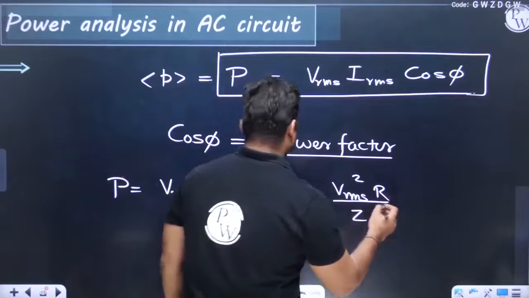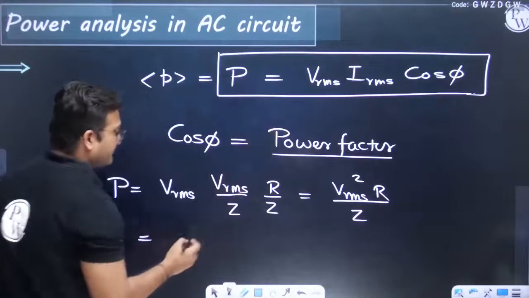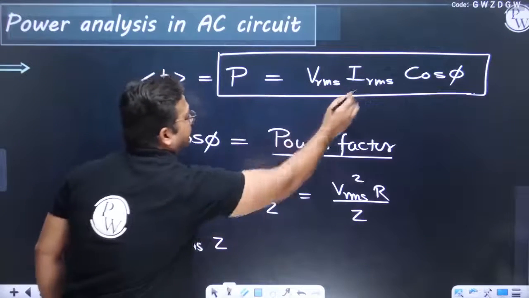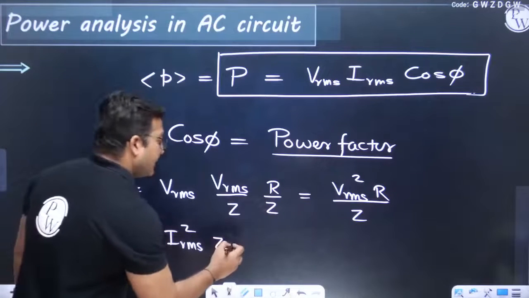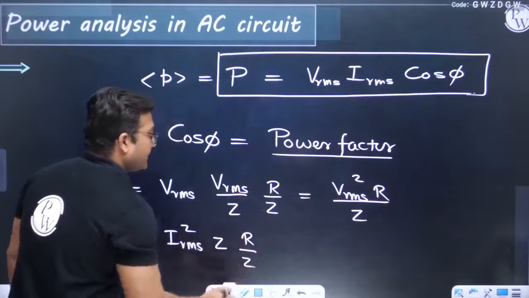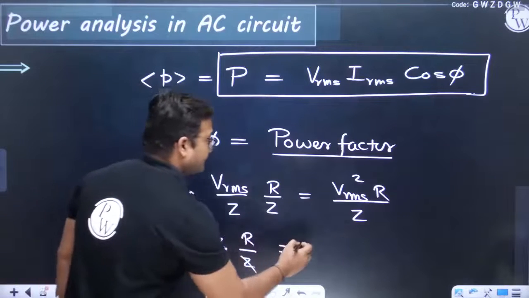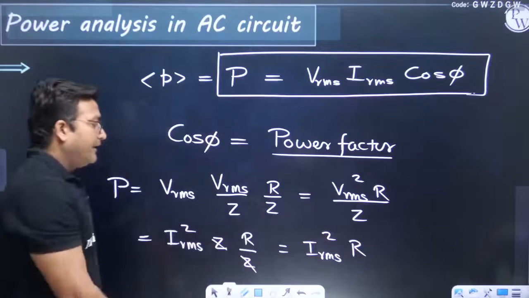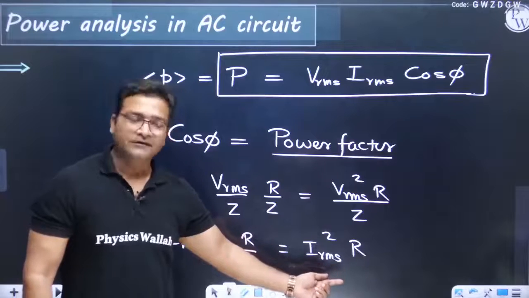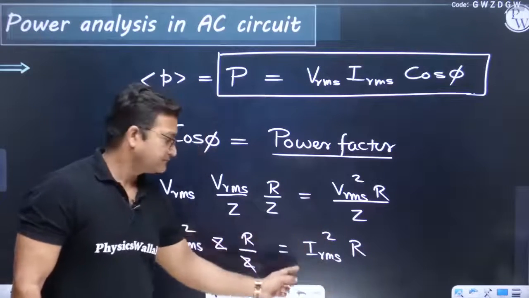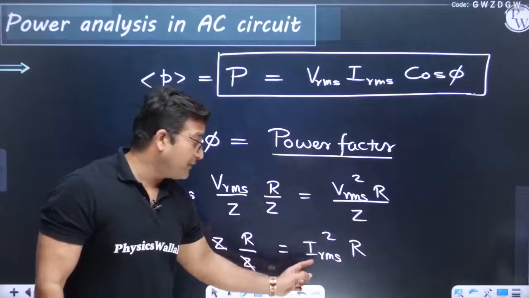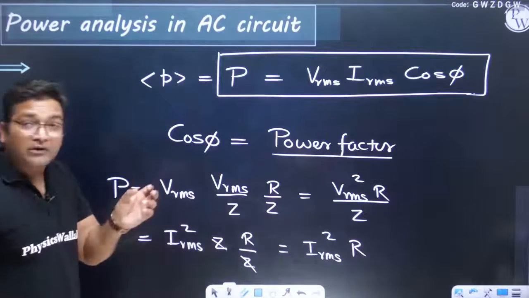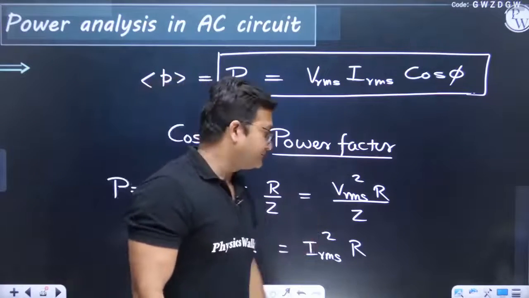We can also write power as, in place of Vrms, Irms times Z. We have another Irms, so Irms square, and times cos phi, which is R by Z. And if I cancel this Z, the P becomes Irms square times R. If you check this result, you will notice that this is the effective power dissipated in resistance, and that is the only power dissipated in the entire circuit, because only resistance dissipates some power.